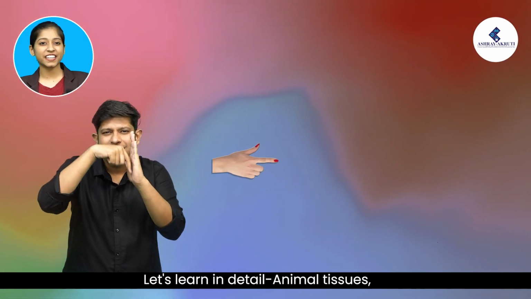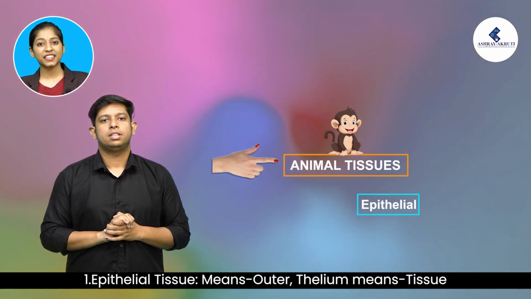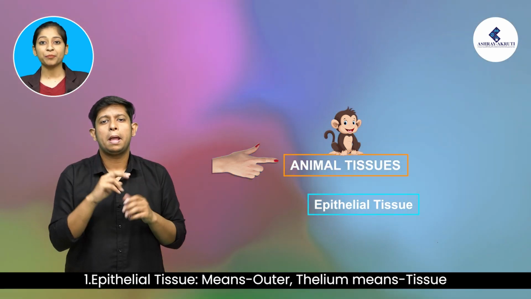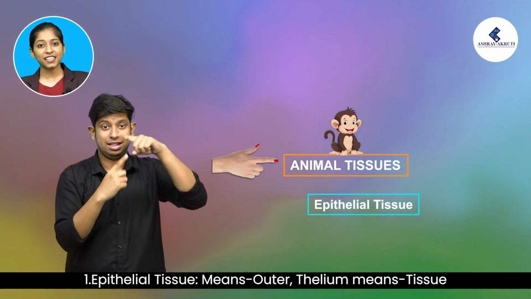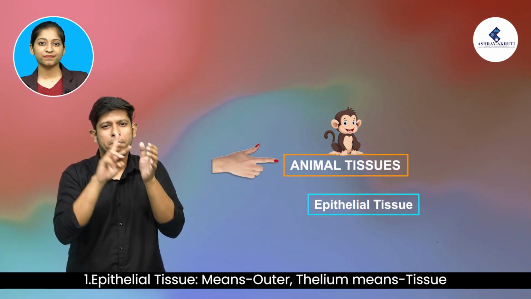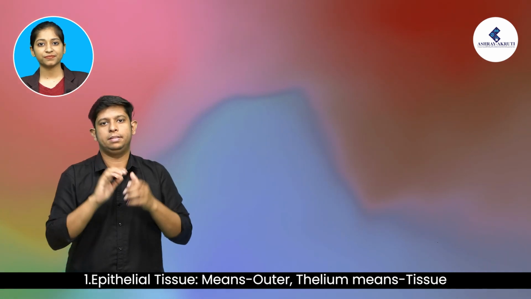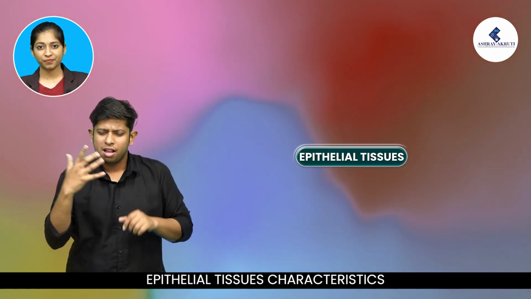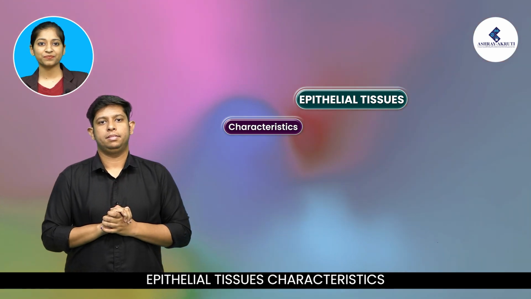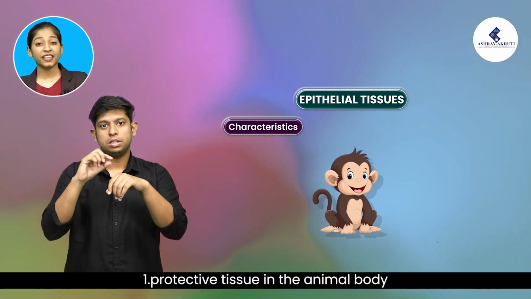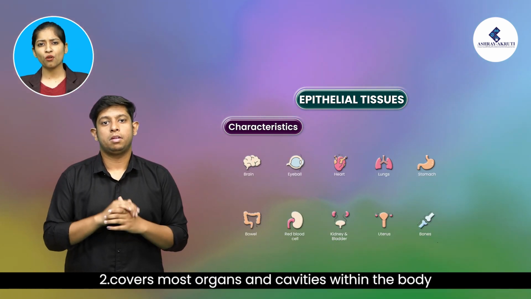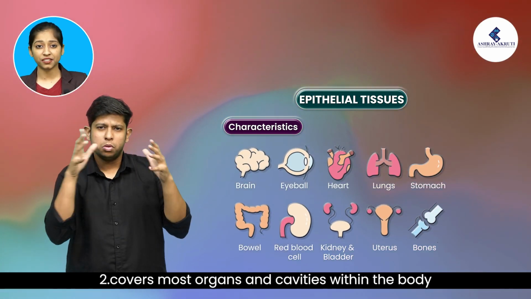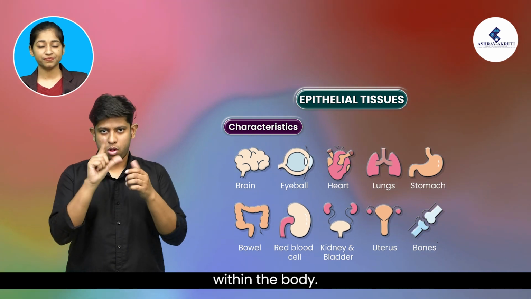Let's learn in detail. Animal tissues. Epithelial tissue. Epi means outer. Thelium means tissue. Epithelial tissues. Characteristics: protective tissue in animal body. Covers most organs and cavities within the body.